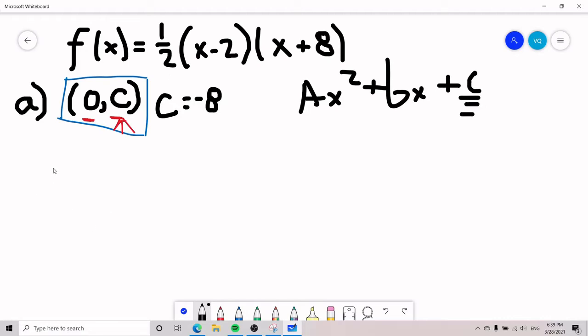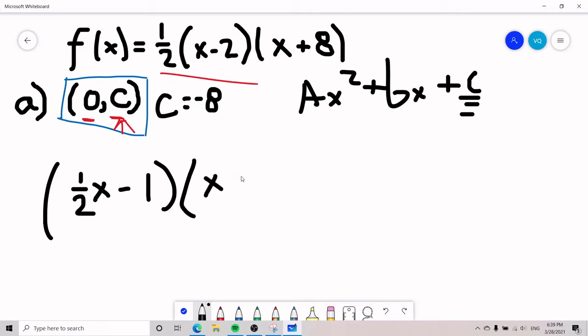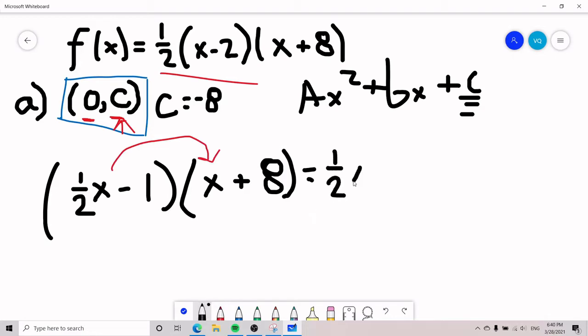And so I'm going to do the 1/2 times x minus 2 first. So that would give me 1/2 x minus 1, and we are still multiplying x plus 8. And this would turn into 1 half times x gives me 1 half x squared. This here would give me plus 4x.